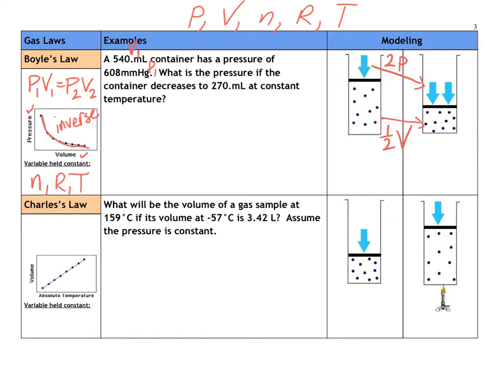And then what is the pressure? It sounds like it's looking for P2, if the container is halved, and so this is V2.